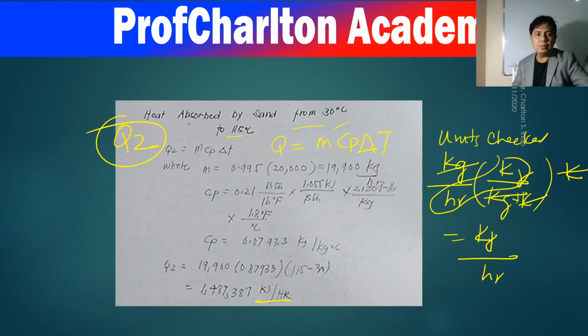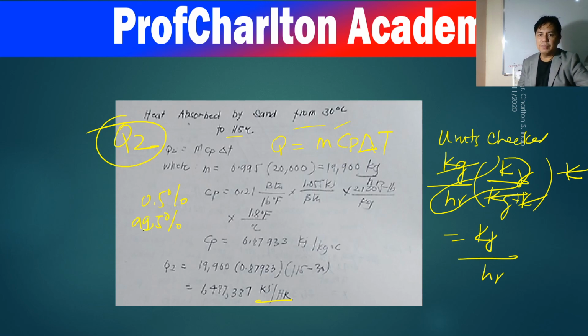Yeah, but right now, in this heat absorbed by the sand, we have 0.995. What is this? 0.995 because we have a moisture content of 0.5%, right? So 0.5%, we have 99.5% dryness.